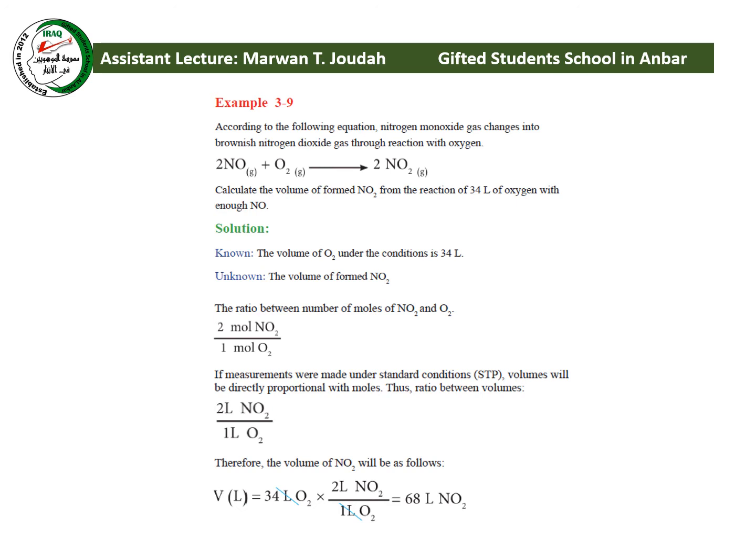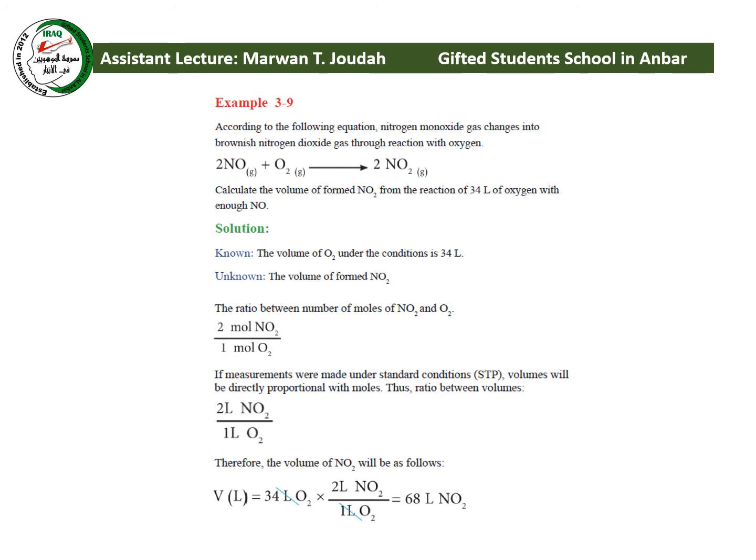According to the following equation, nitrogen monoxide gas changes into brownish nitrogen dioxide gas through the reaction with oxygen. So we have 2NO plus O2 gives us 2NO2 as a gas.